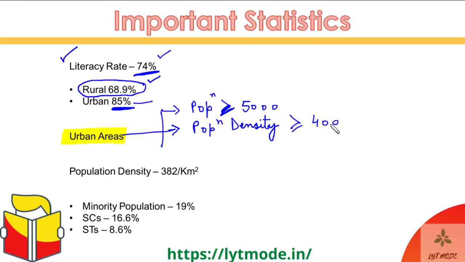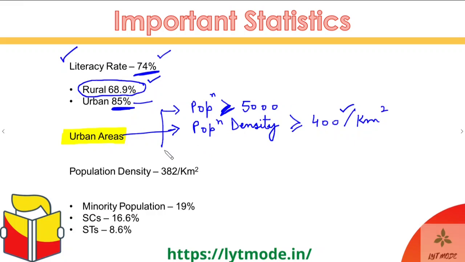If the population density is less than that, then no matter how many amenities that area has, no matter how many roads are there, how many buildings are there, the area will not be considered as urban. Okay, guys. And of course this is 400 per square kilometer, so let me put this as well.